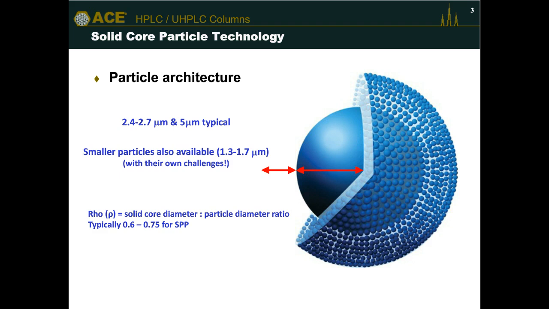So the rho value is the ratio of the solid core diameter to the particle diameter. And this gives us a feeling of how porous a particle we are working with.